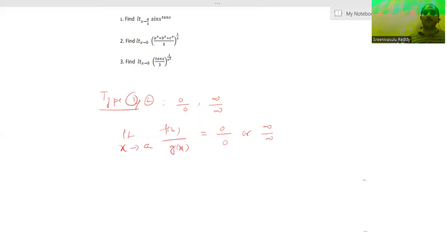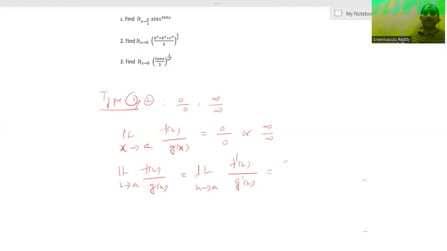So whenever you see this kind of 0 by 0 or infinity by infinity after substituting the limit, then the limit value of f of x by g of x, limit x tends to a, is found by differentiating the numerator and differentiating the denominator and substituting the limit.